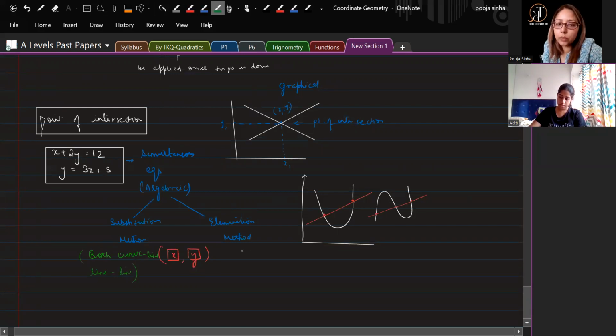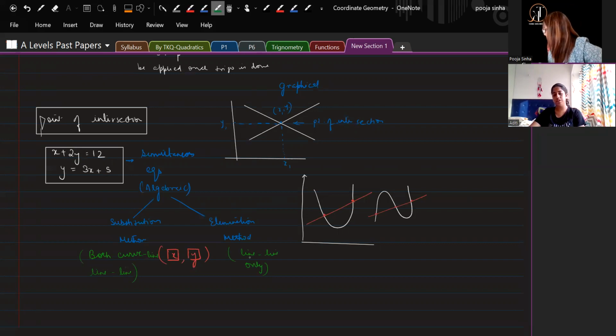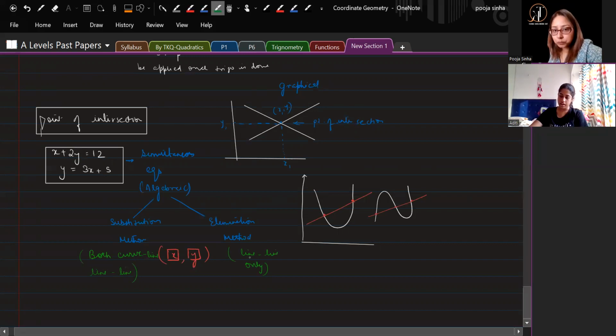But elimination you will only use when it is line and line. वो तभी वर्क करेगा, अदरवाइज आपको एलिमिनेट करने में मुश्किल होगी क्योंकि नहीं हो पाएगा. Also, the substitution method should be used for a curve and a line. Yeah, I'll show you what I mean to say.